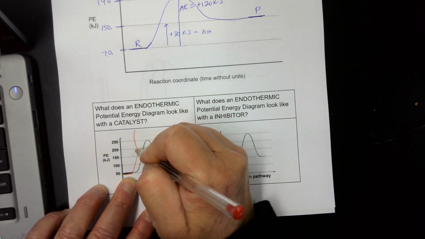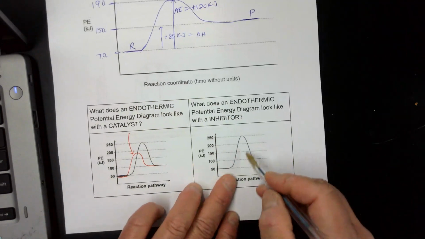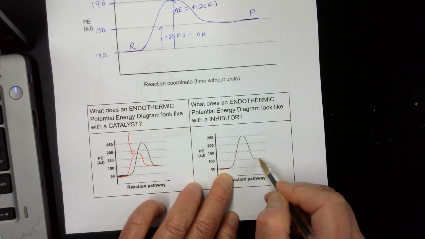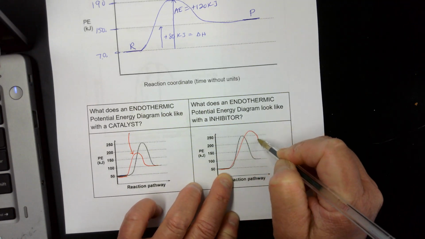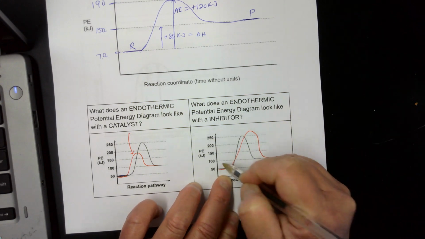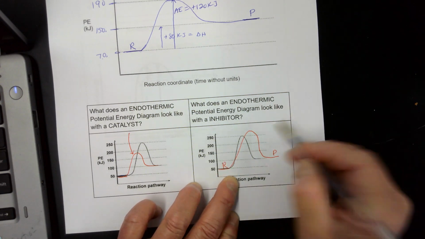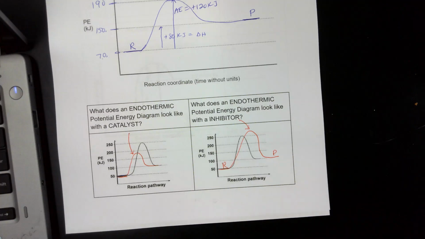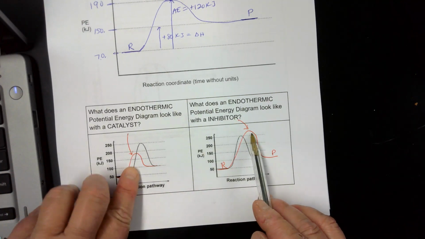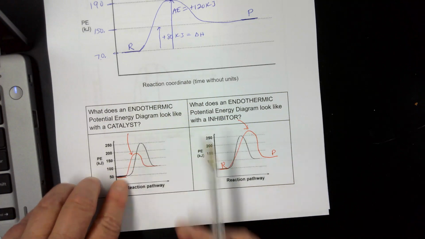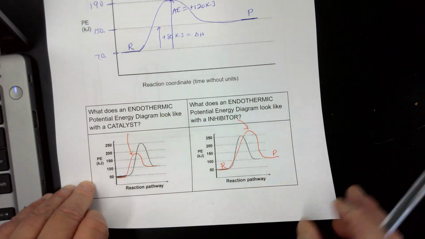So it looks something like that. An inhibitor starts at the reactants, ends at the products, but the hump is going to go higher, and it's going to end up at the products later. So here's our reactants, here's our products. That's what it looks like with an inhibitor. Don't worry so much about how much higher or lower you go. It's just a relative thing to look at right now.